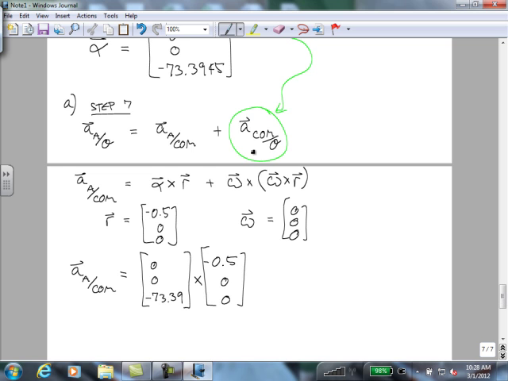This is all going to come out to be zeros. So for that acceleration of the point A relative to the center of mass, that's like what the acceleration would be if you had a pin joint at the center of mass. You get 0, 36.70.